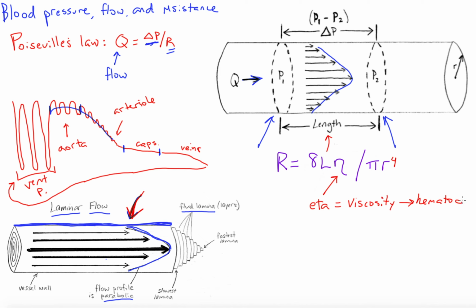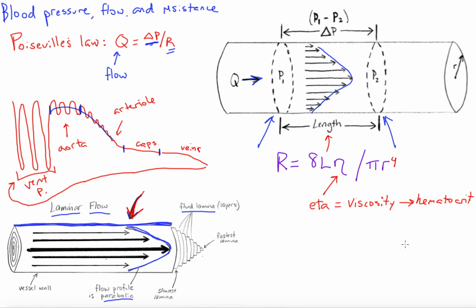We talked about hematocrit when we talked about blood and blood components. Hematocrit is the percent of red blood cells in whole blood. Basically, it's a measure of how many cells there are floating in your bloodstream. And the more red blood cells there are floating in your bloodstream, the more they're banging into each other and creating resistance.